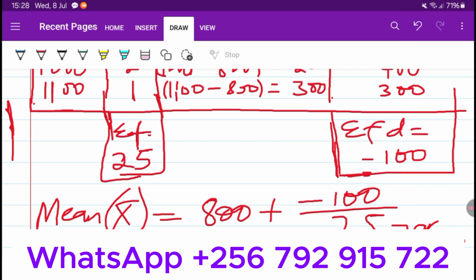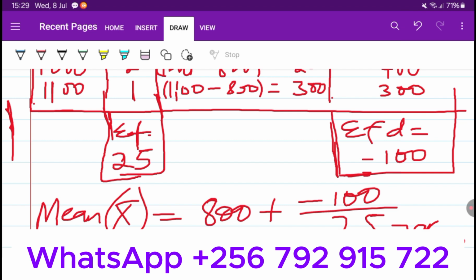What do we do? Because the reason why we are using all this method is not because we want to get the right answer, but we want to simplify the work depending on the data set that has been given to us. So if you find that the data set they have given to you, you tried to reduce it with the assumed mean, because we said it can be within or outside, we can pick any value because we may not even know, we just assume.